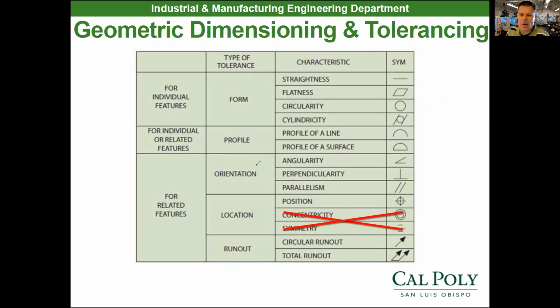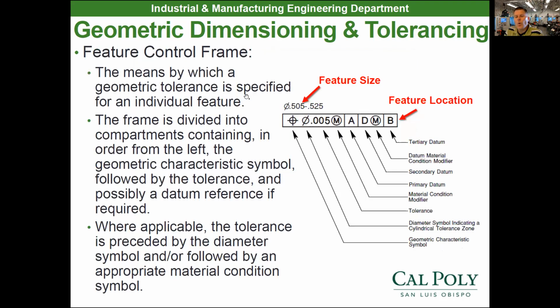Now, I would just kind of know those 12 different symbols, what those 12 different symbols mean, and realize you can't really specify GD&T without specifying it in a feature control frame. So what we see right here is the size of the hole, and then this is the location for the feature.